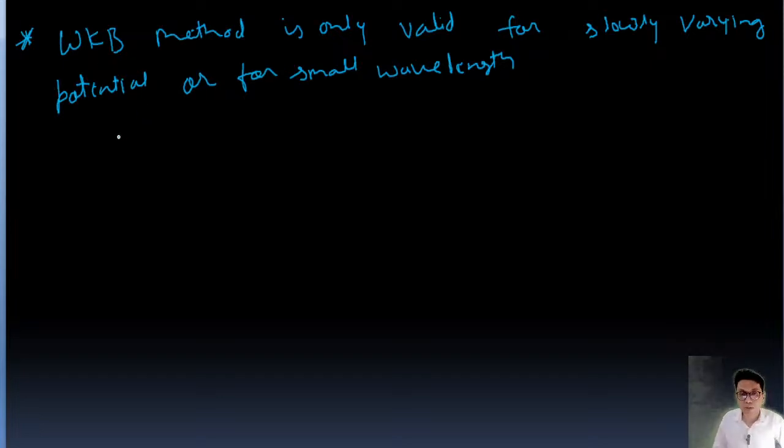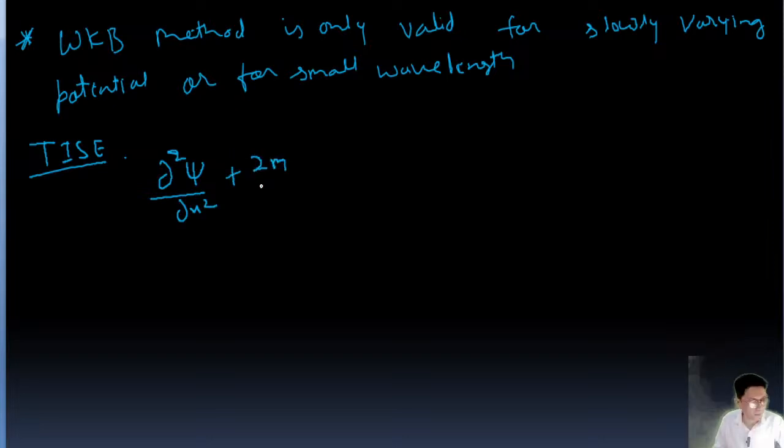So I'll solve the time independent Schrodinger equation for this method. We know the time independent Schrodinger equation is del square psi upon del x square plus 2m upon h cut square, times E minus V, psi equal to 0.